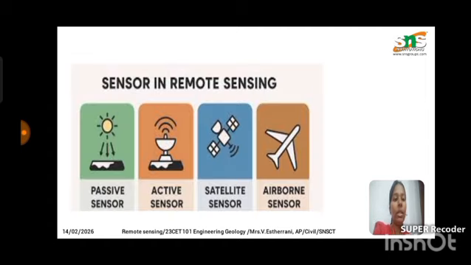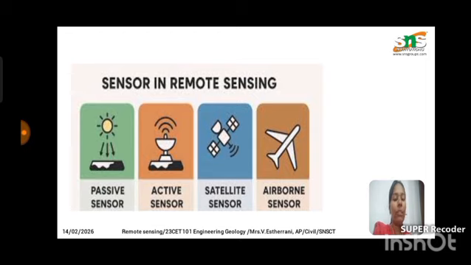Next one is sensors in remote sensing, and there are 4 types of sensors: passive sensors, active sensors, satellite sensors, and airborne sensors. Passive sensors require sunlight. Active sensors are where the satellite itself captures all the information.